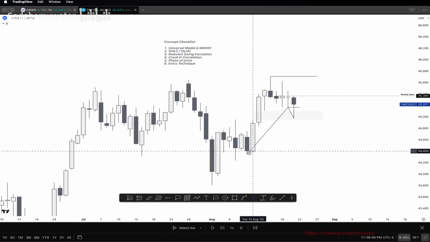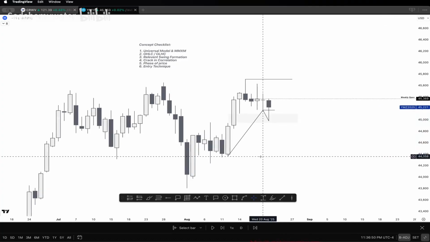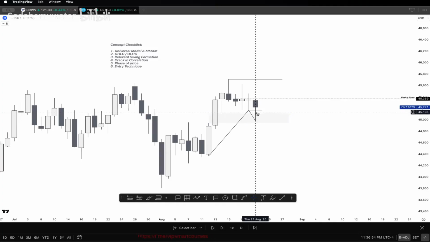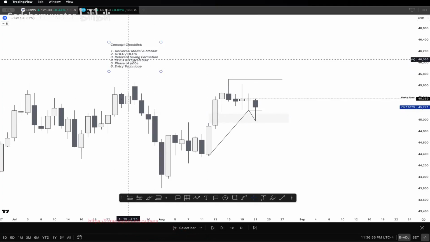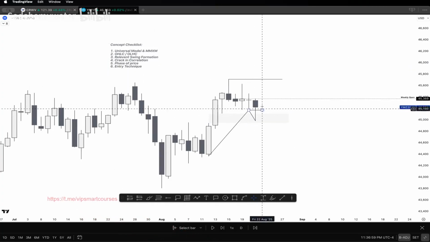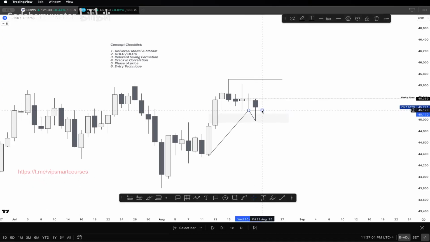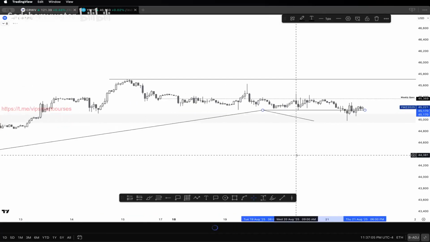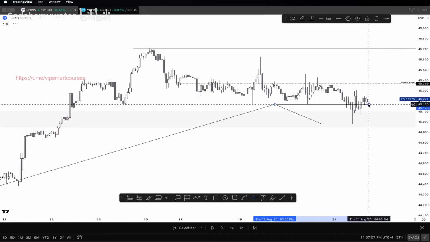So as I see this two-stage SMT form at the lows inside of a key level and this candle closure, I now can call this a relevant swing if I see a change in the state of delivery on the lower time frame here. So let's go down to the lower time frame and see if I can observe that reversal signature. Clean this chart up a bit.